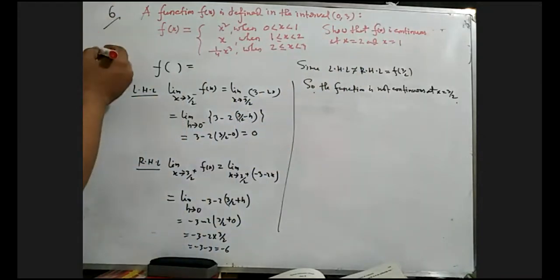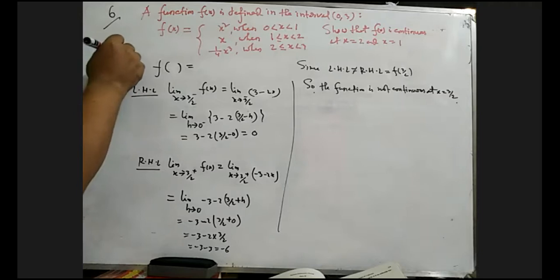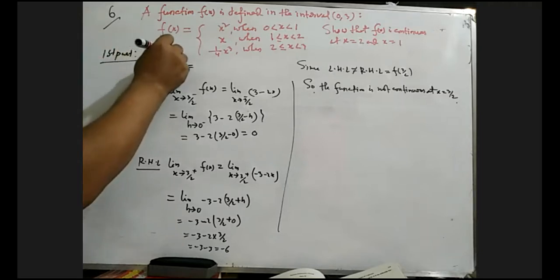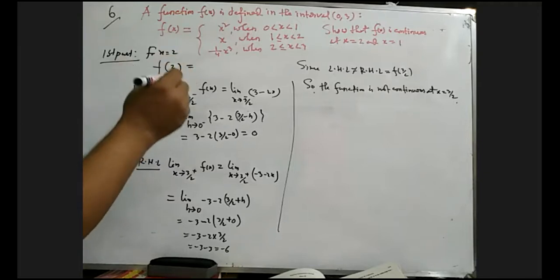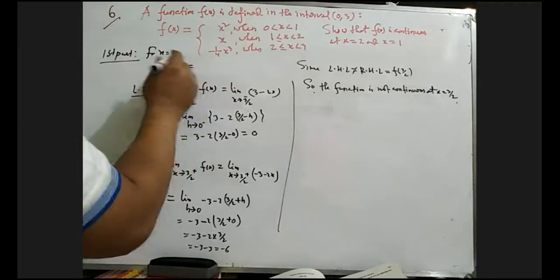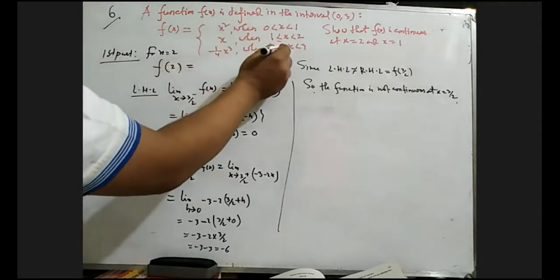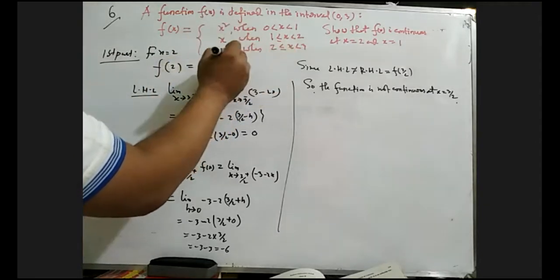So for the first part, for x equals 2, f of 2 equals what will be from this given function? x equals 2 lies in the third part of this function.